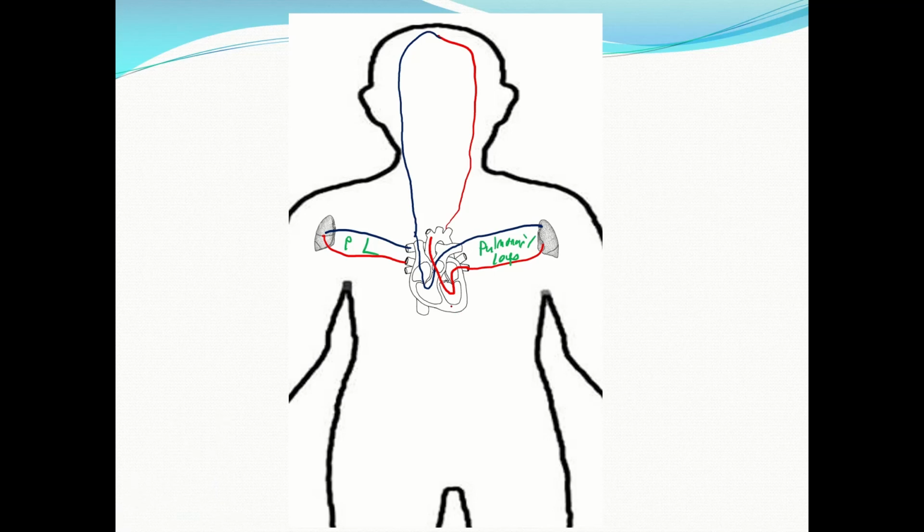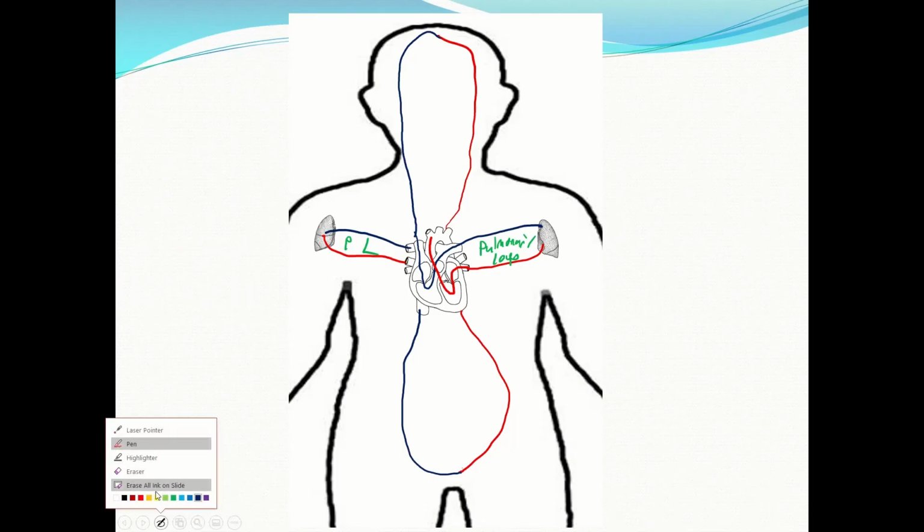There's also an aorta exit out here, and it's going to go to your body, drop off all that oxygen, pick up CO2, and then it's going to come back through your inferior vena cava, right? So this is our, let me write that in green. This is our systemic loop.